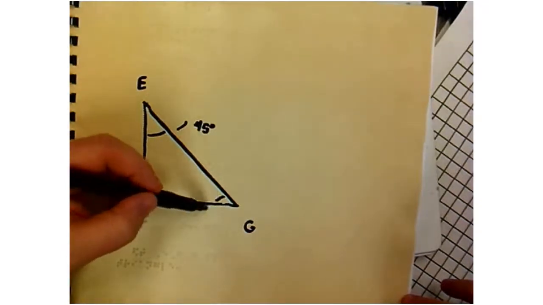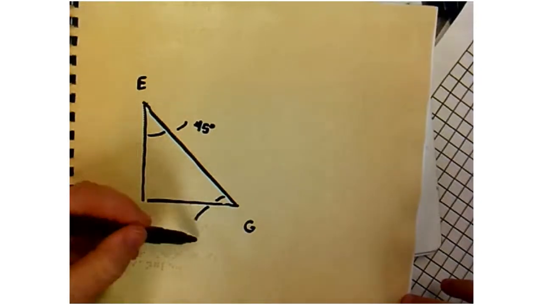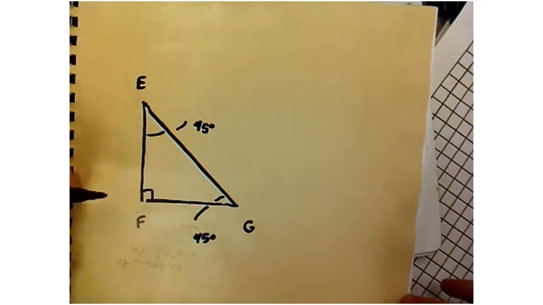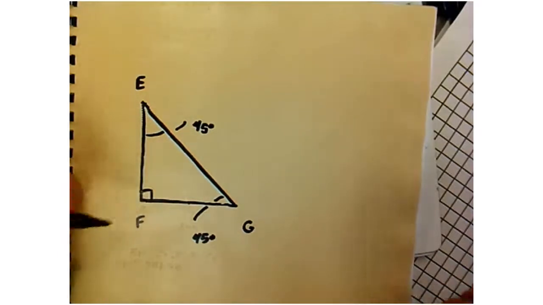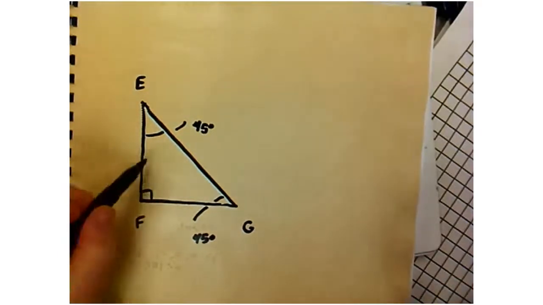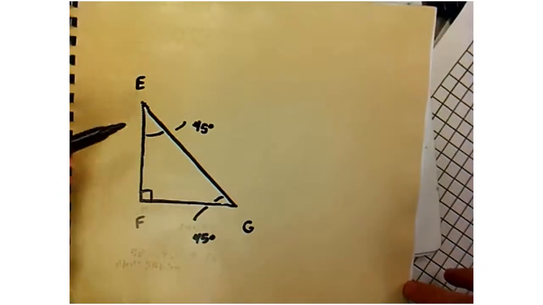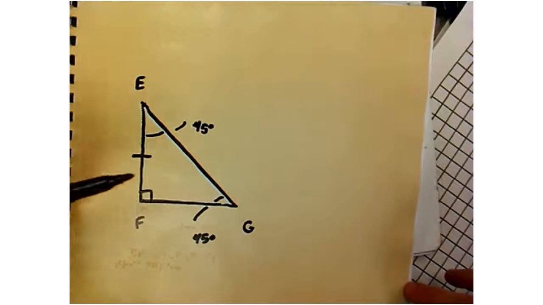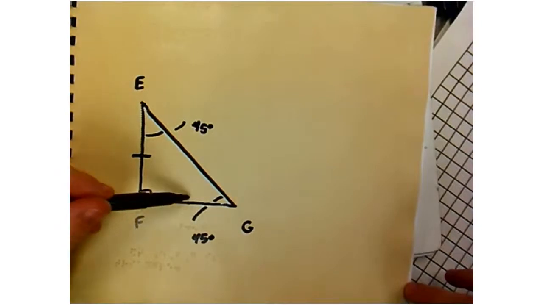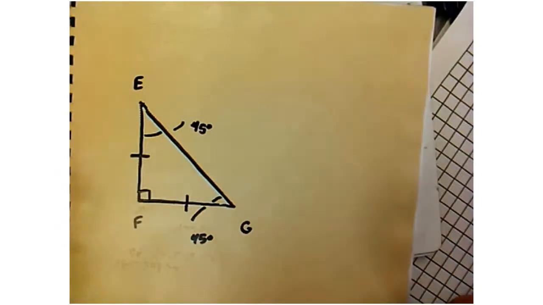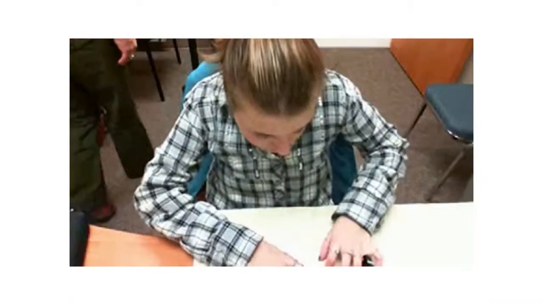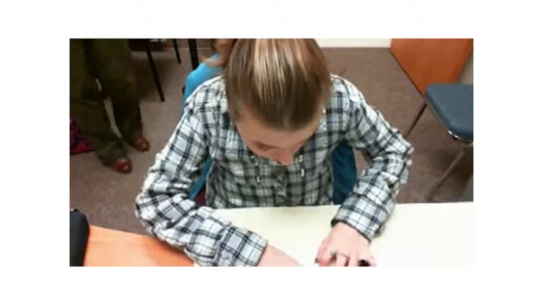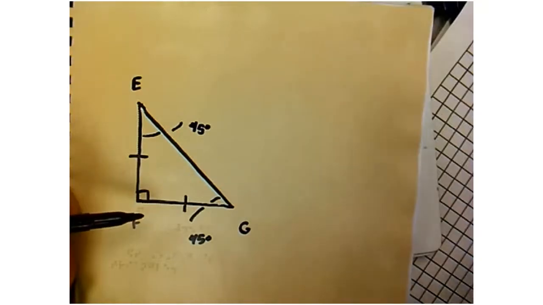The bottom right at angle G is 45 degrees. And how much is angle F? 90 degrees. Good. And then notice that there is a tick mark on side EF and a tick mark on side FG. So it is an isosceles triangle. What other kind of triangle is it?